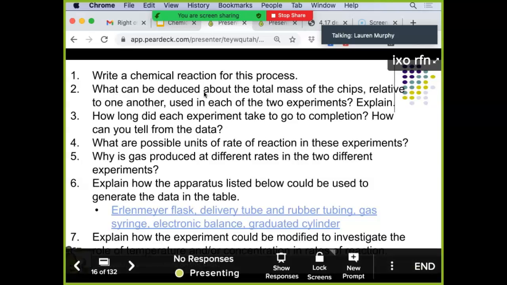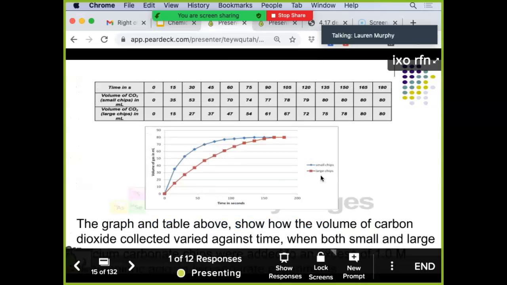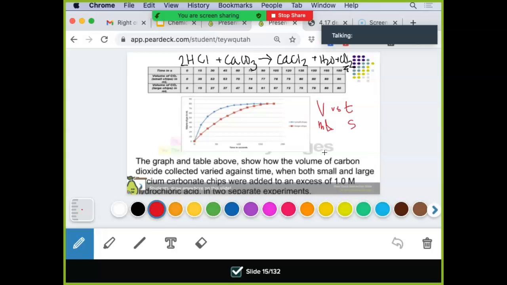What can be deduced, that just means figured out, about the total mass of the chips relative to one another used in each experiment? So, meaning the starting mass of the large chips and the starting mass of the blue chips, relative to one another. Do you think that you had more of the red chips, more mass, more of the blue chips, or the same, and why?